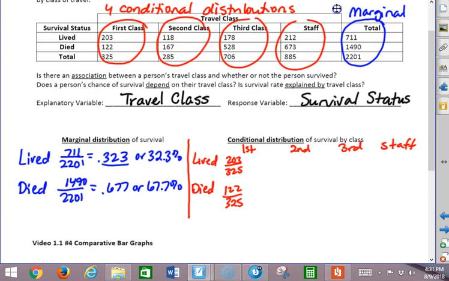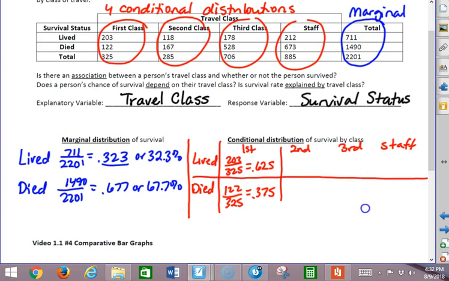So it turns out 0.625 lived and 0.375 died in first class. Notice we're already seeing a big difference from what we had in the total. Only 32% of the people on the boat survived, but 62.5% of people in first class survived. So that's a very large difference that we have.